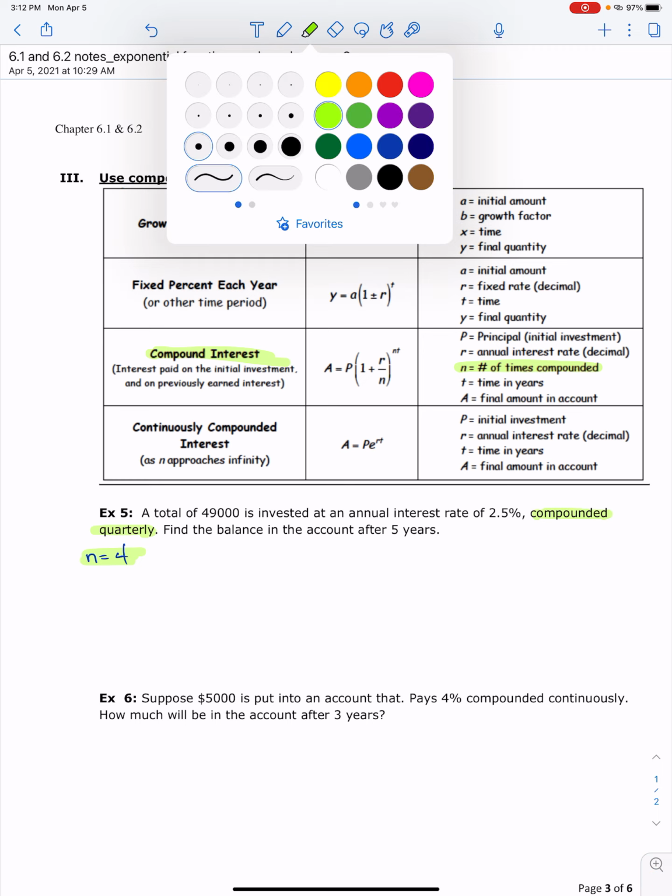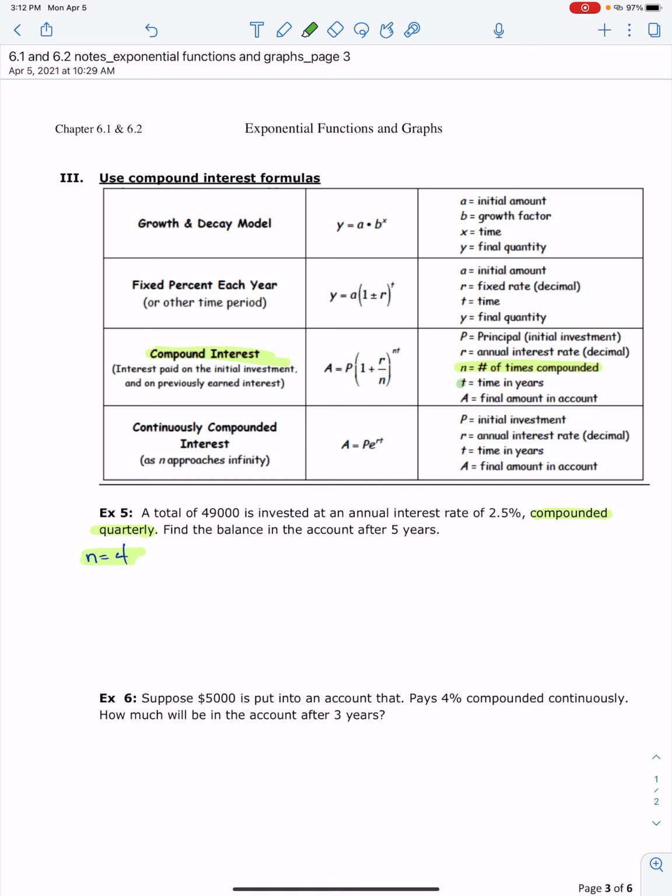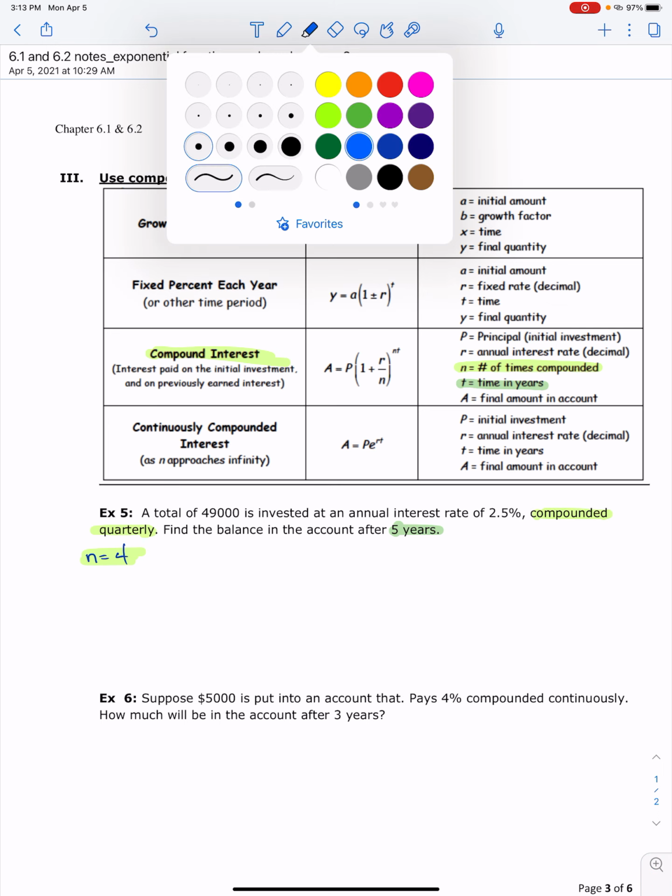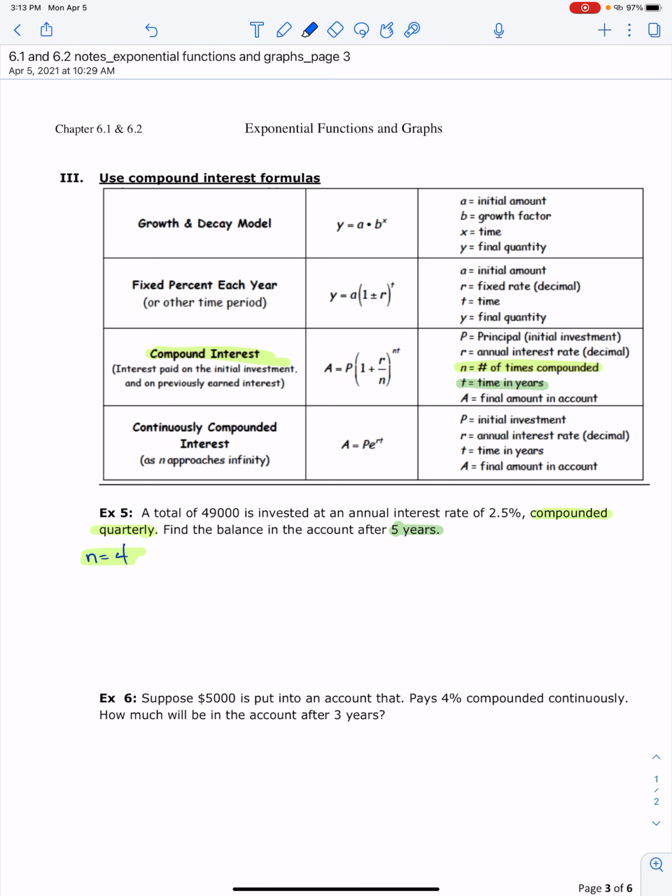Okay. We have got t is our time, 5 years. We have got r is our interest rate, 2.5%. Notice here it says that needs to be written as a decimal. So our 2.5%, percents are always out of 100.